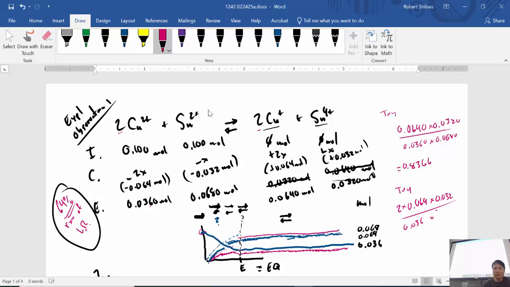So we'll do 2 times 0.036 times 0.068. So all I'm trying here is to double the copper and see if I get some kind of consistent pattern.